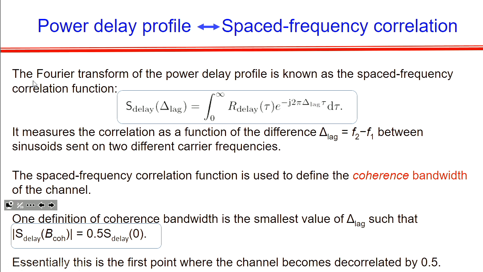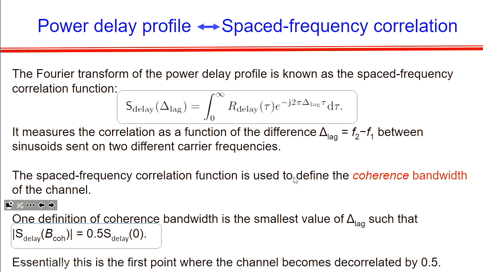The first point where the correlation drops by 50%, is defined very similar to the normal bandwidth definitions we have. If a transmission passes through a channel and these two frequencies differ by more than 50%, then that's the point where it is decorrelated and the coherence bandwidth stops there.